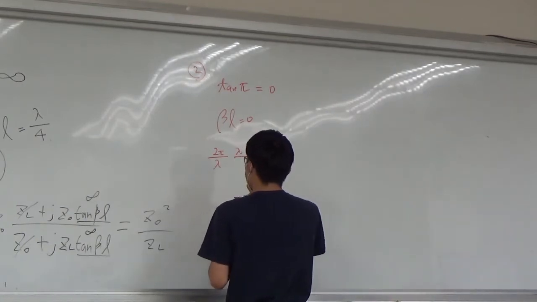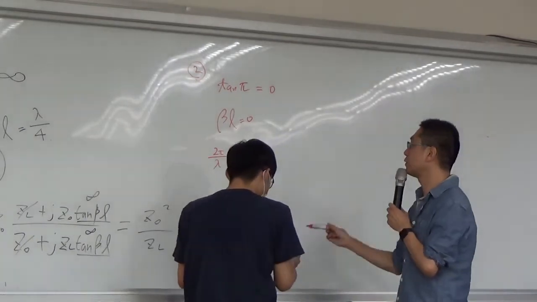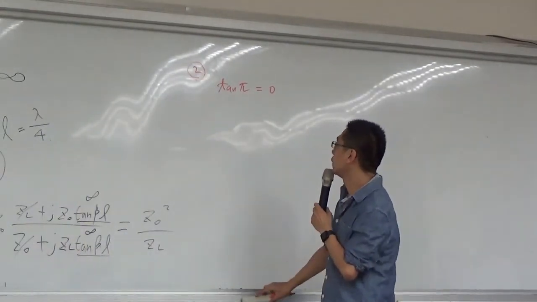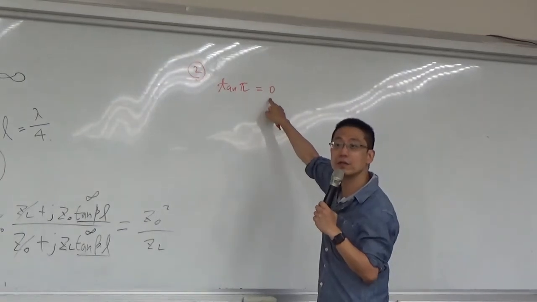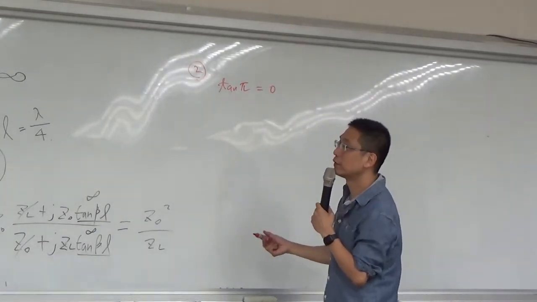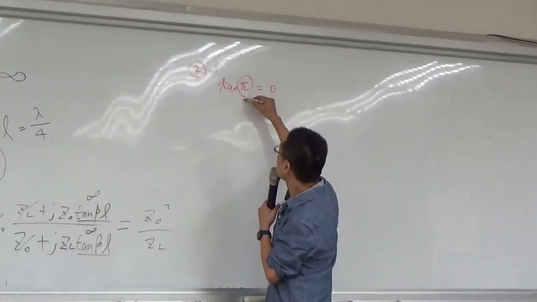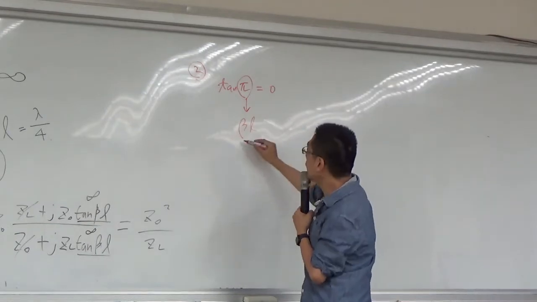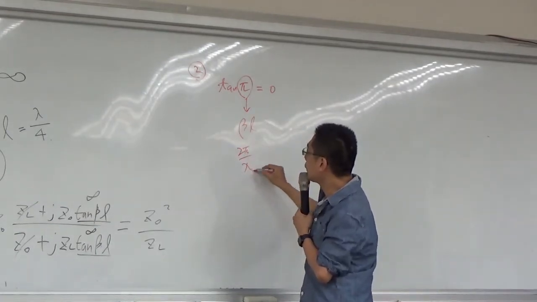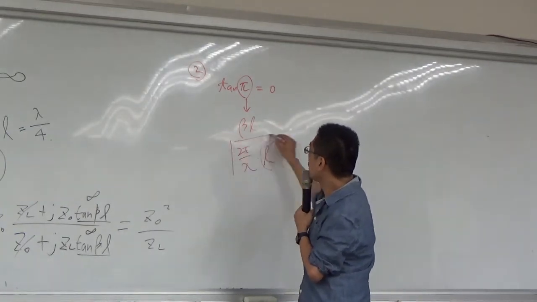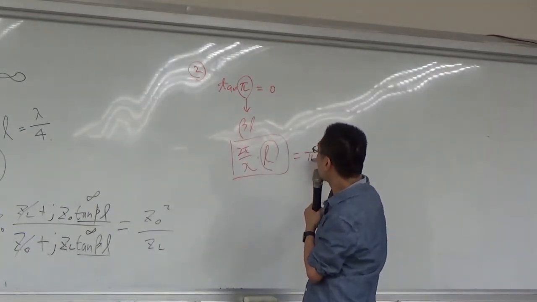Let me lead you step by step, okay? I want to use this because this is a spatial point. This is beta L. Beta is 2 pi over lambda times L. This one equals pi.